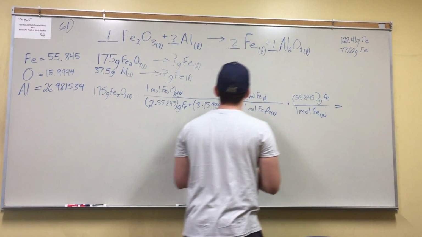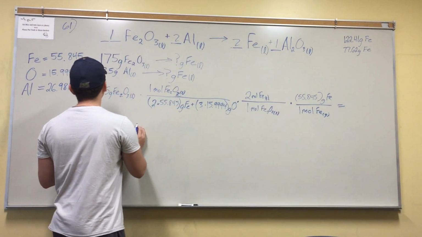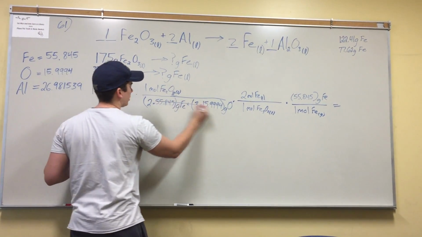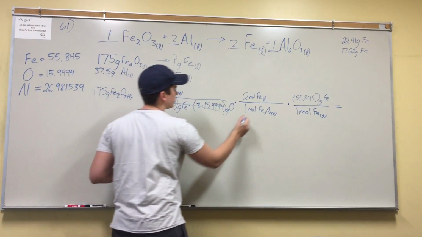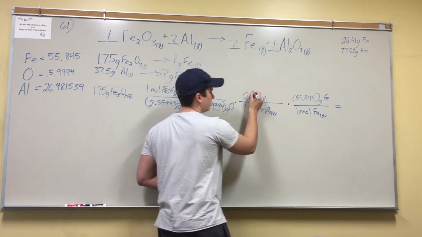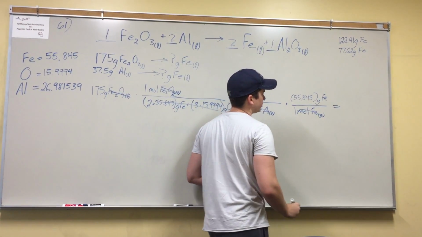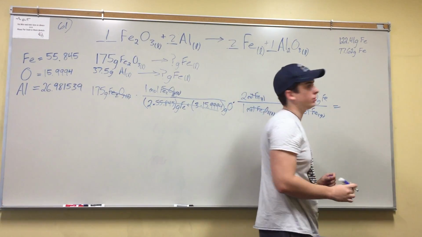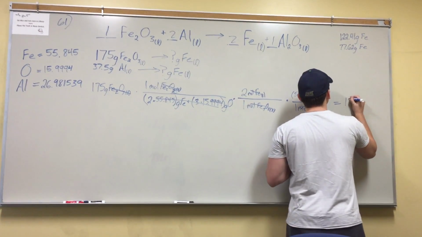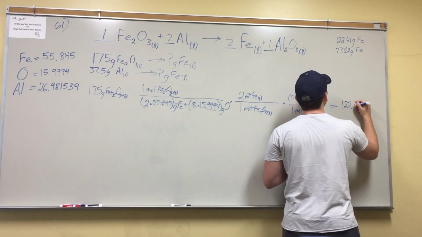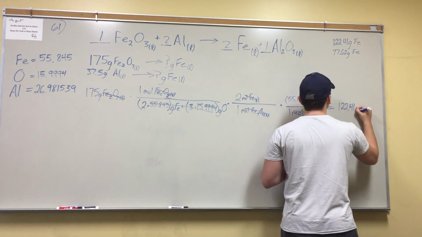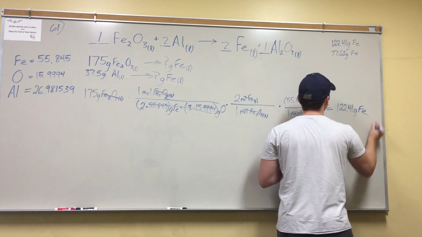And that will give us the atomic weight of iron. So, grams and grams is going to cancel. Moles and moles is going to cancel. Another mole is going to cancel, and you're going to be left with grams of iron, which in the end will end up with 122.41 grams of iron.